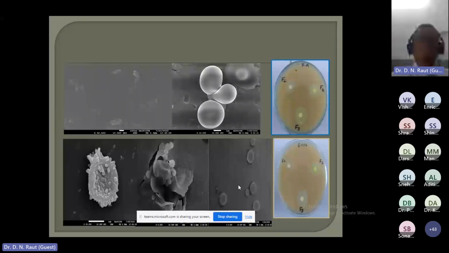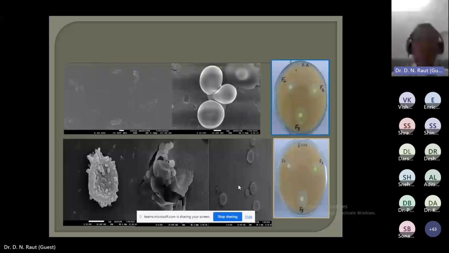We got this type of structure of nanoparticle formation, as well as at a different site we got a different type of particle, at different resolutions, and we got enhanced antibacterial activity of the drug in nano formulation form.